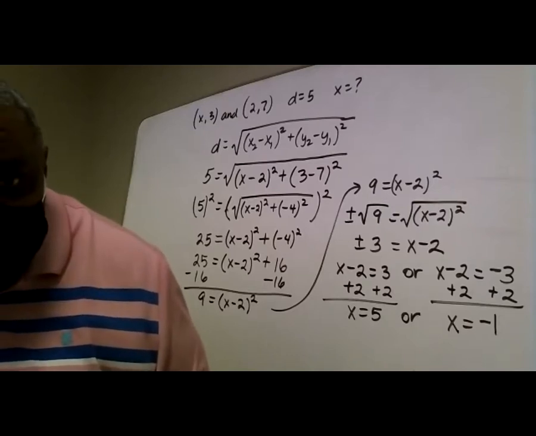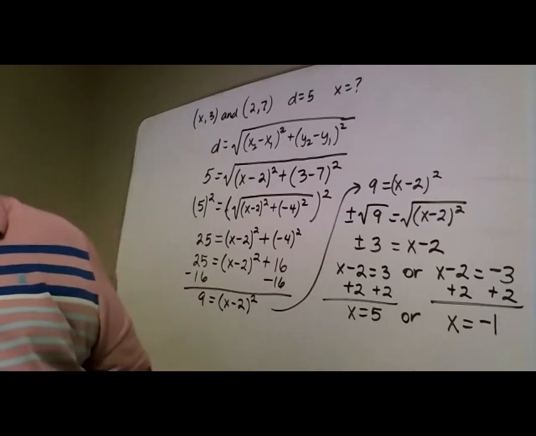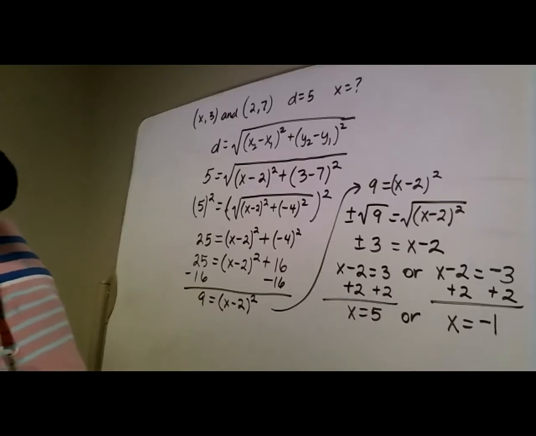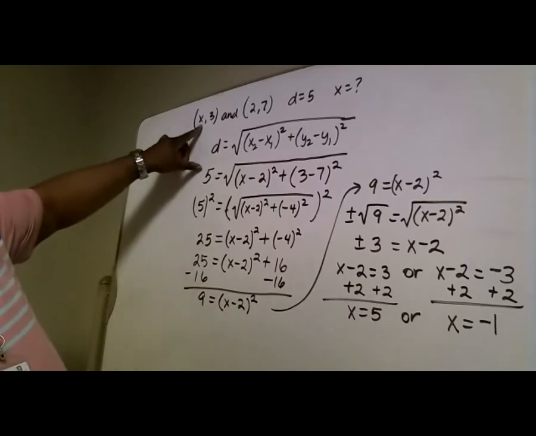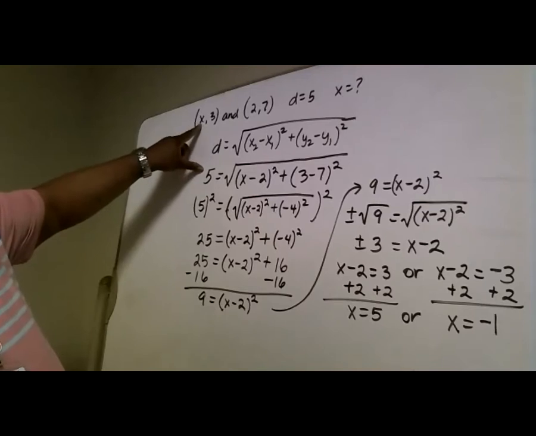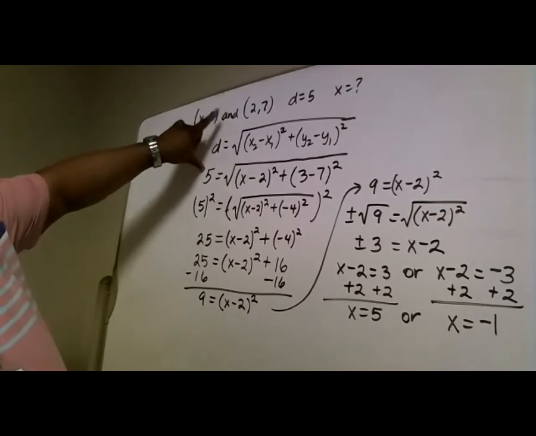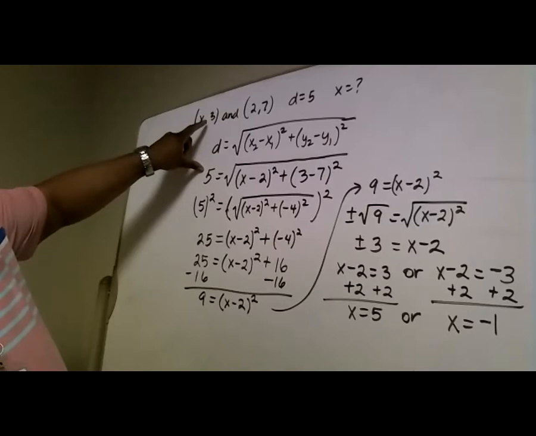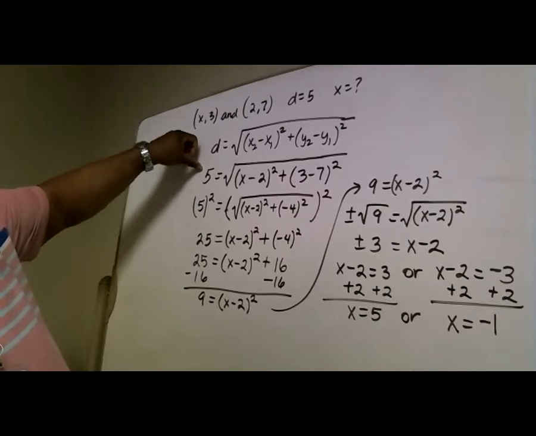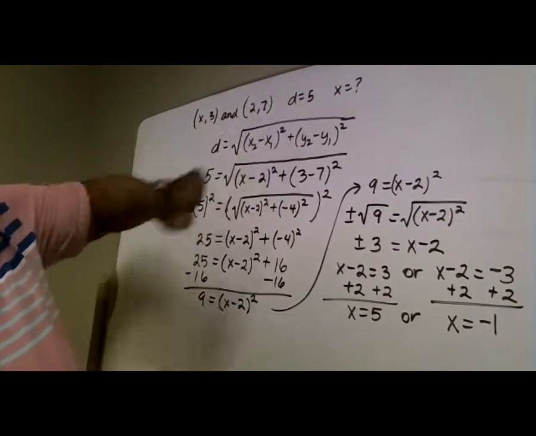Is that it? Or is it plug in to check? I mean, you could, because if this was 5, 5 minus 2 would be 3, 3 squared would be 9, 3 minus 7 is negative 4, negative 4 squared is positive 16, 16 and 9 is 25, the square root of 25 would give you 5.